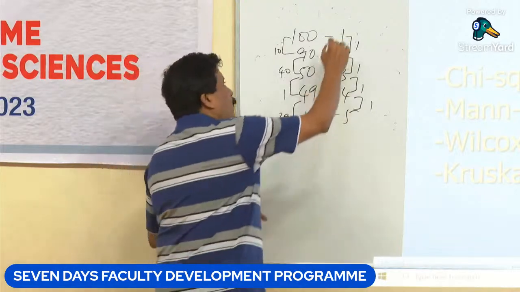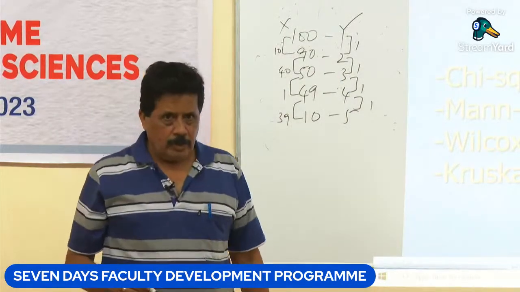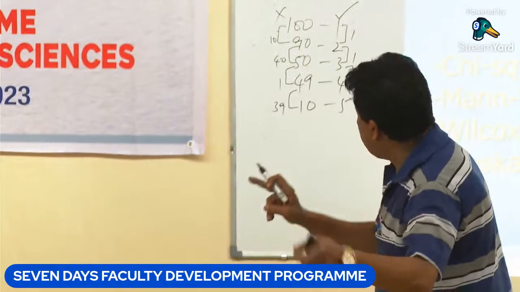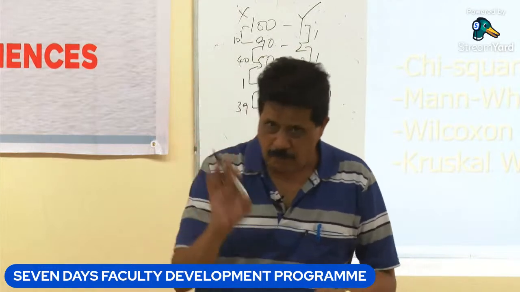Now this will be considered, not this, in non-parametrics. Are you getting the point? So the values have been crunched. Even for a difference of 1 there is a rank difference of 1, and even for a difference of 40 there is a rank difference of 1. So this is how the non-parametric part will be treated. So be careful while using.